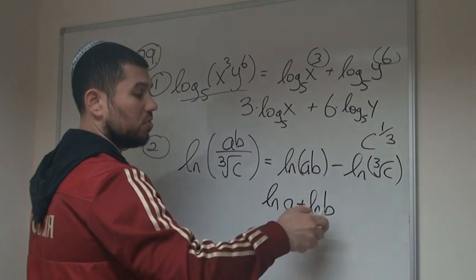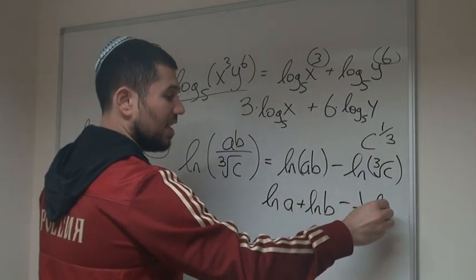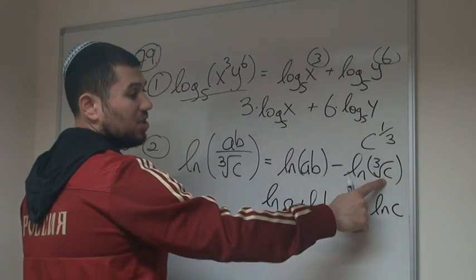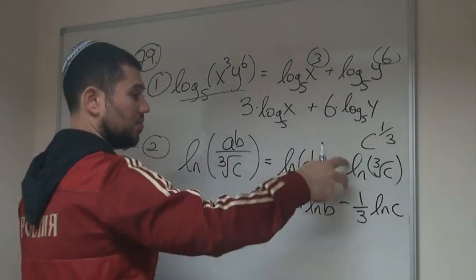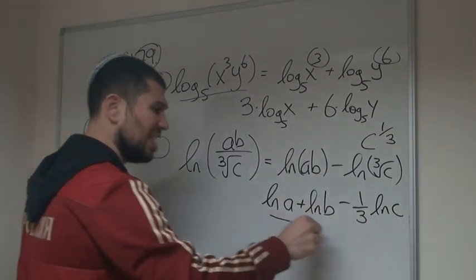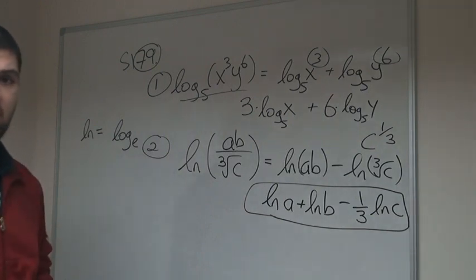So ln of the cube root of c will have 1/3 times the ln of c, because this is really c to the 1/3 power, and the third rule allows us to bring the 1/3 down. So this term is the final answer.